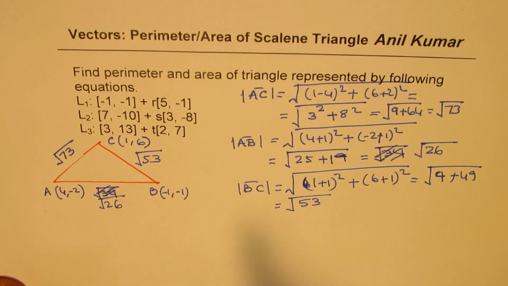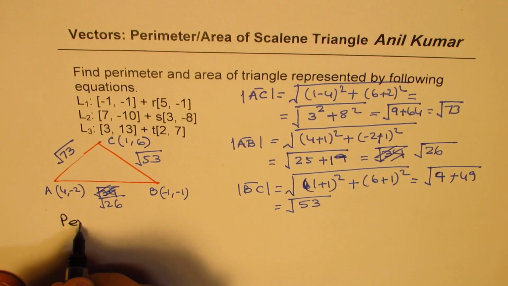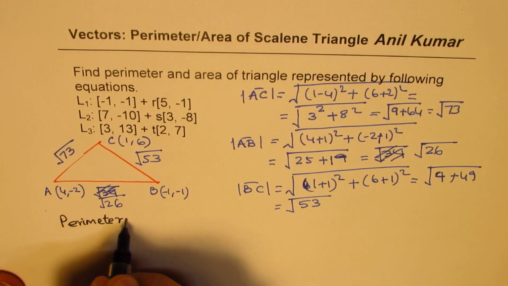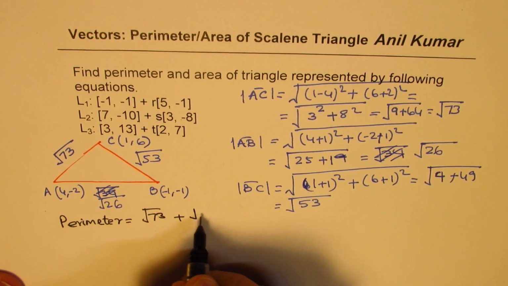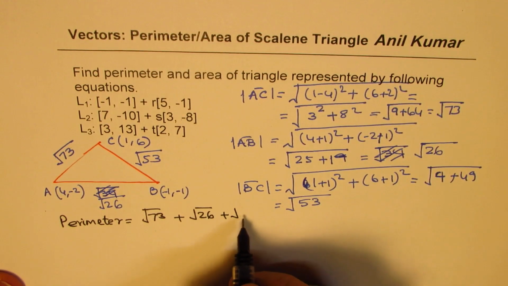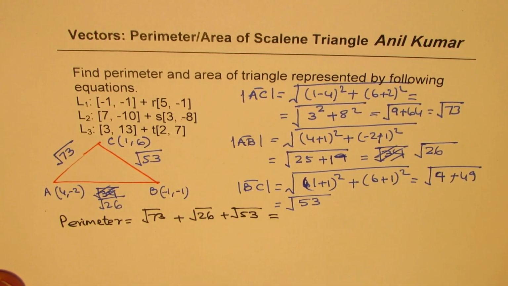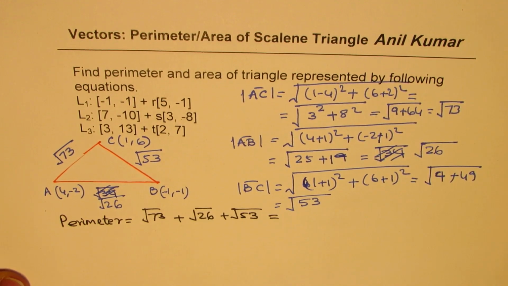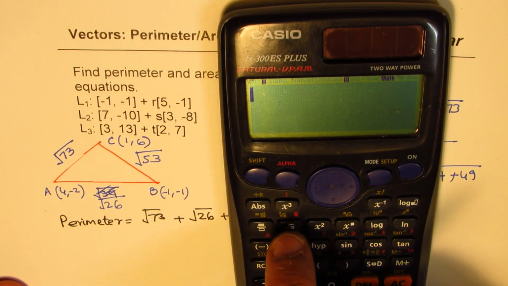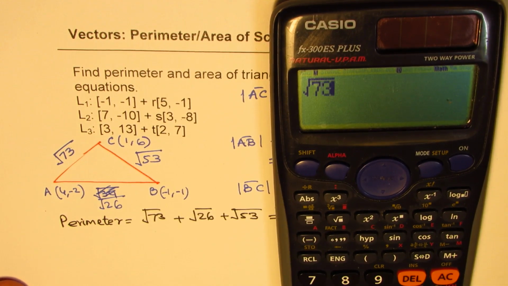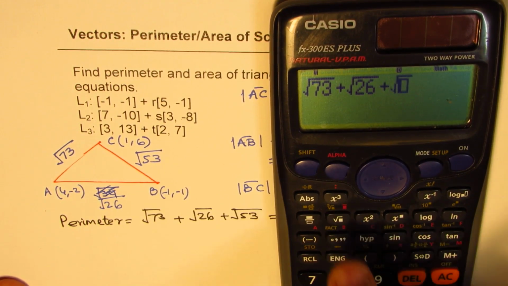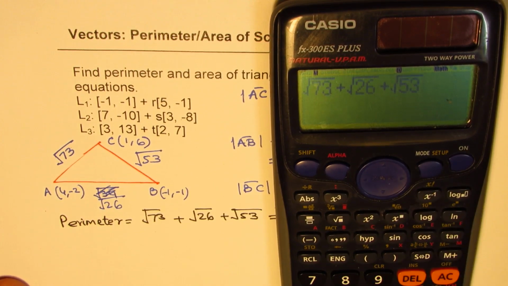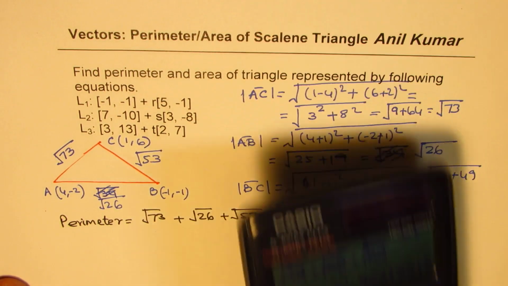Now once you know the side lengths, you can say what the perimeter is. So perimeter is equal to the sum of all these, which is square root of 73 plus square root of 26 plus square root of 53, and that is equal to 20.92.